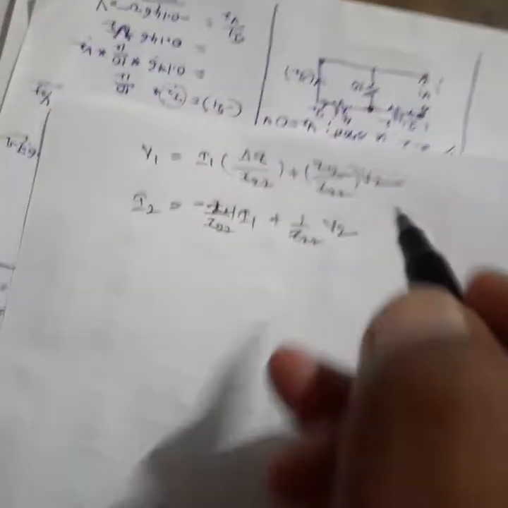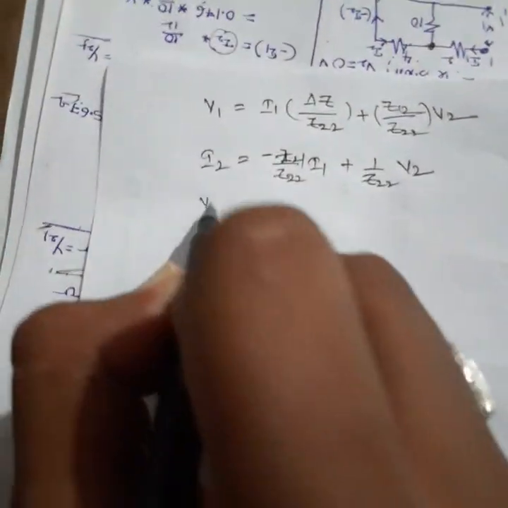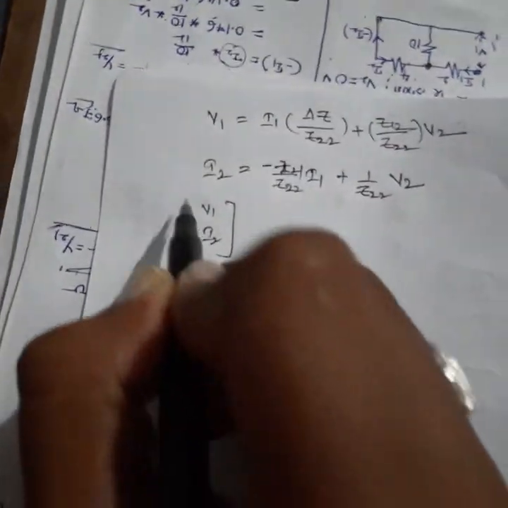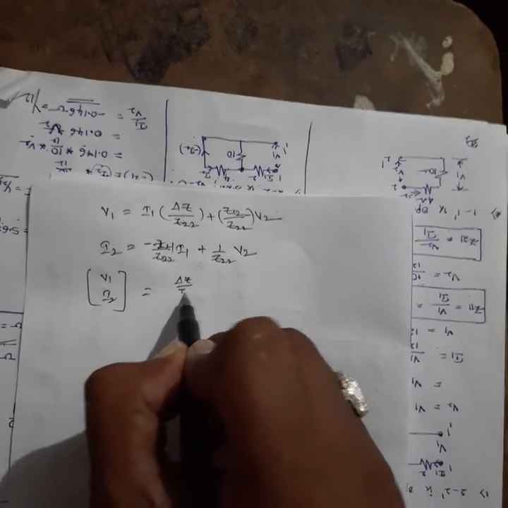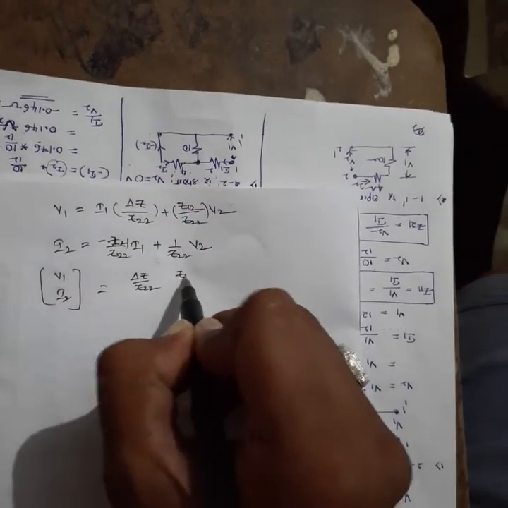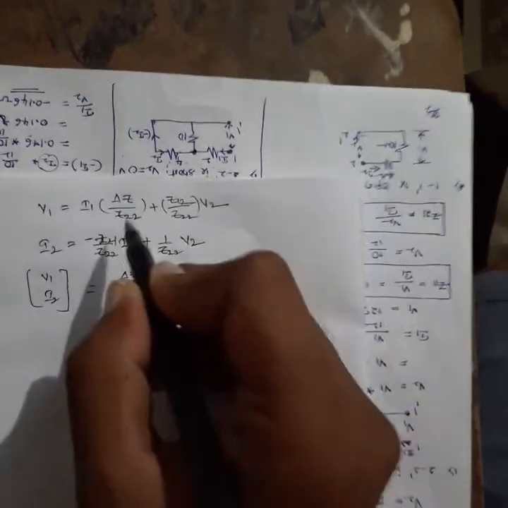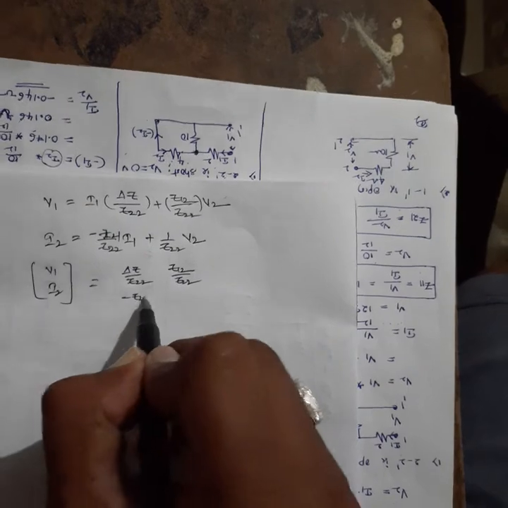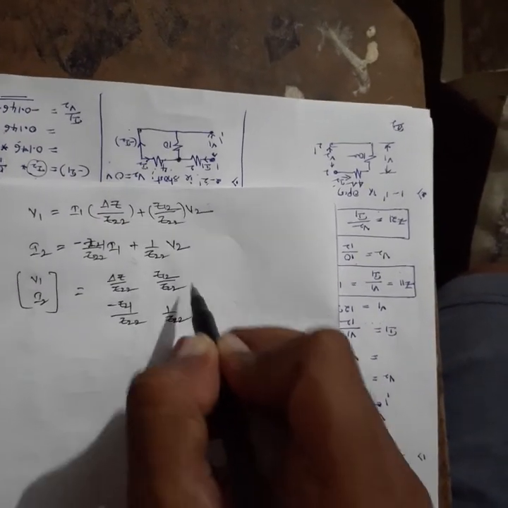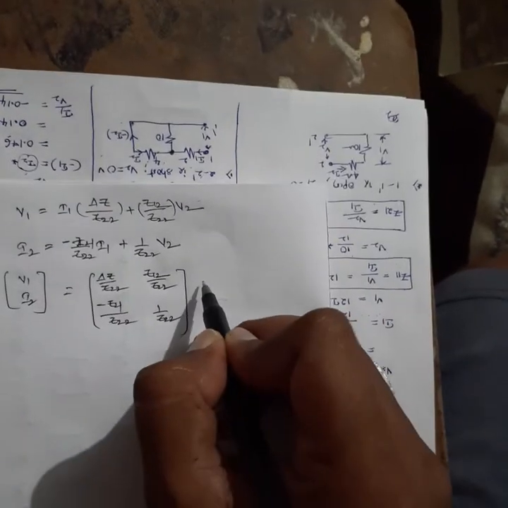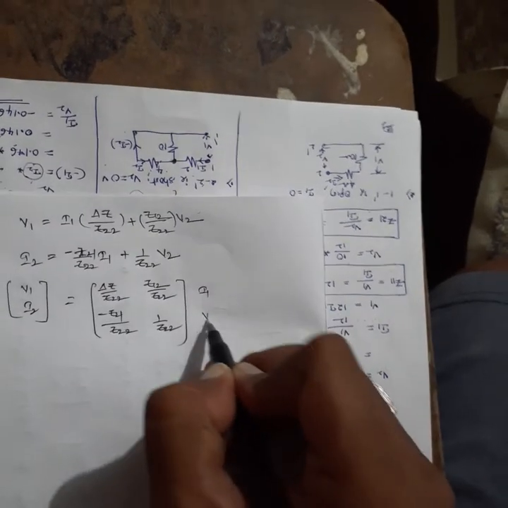So from these equations we can write v1, i2 equals delta z by z22, z12 by z22, and then minus z21 by z22, 1 by z22, with i1 and v2.